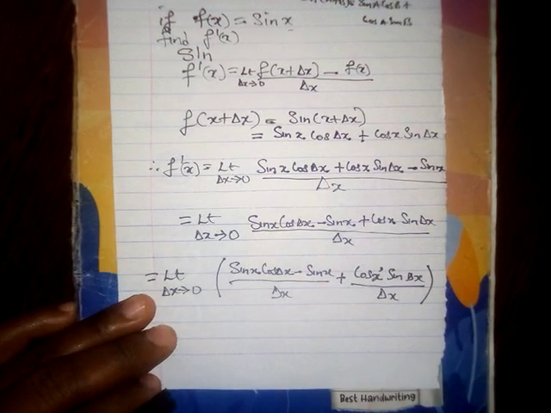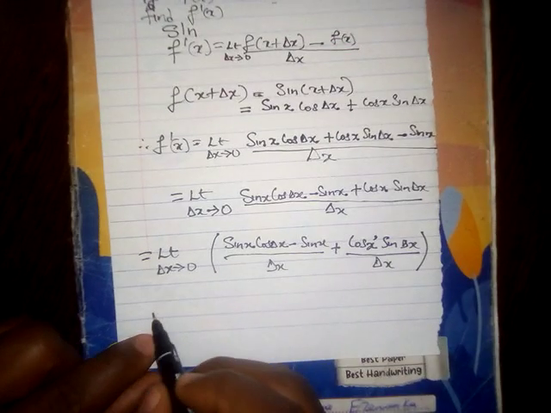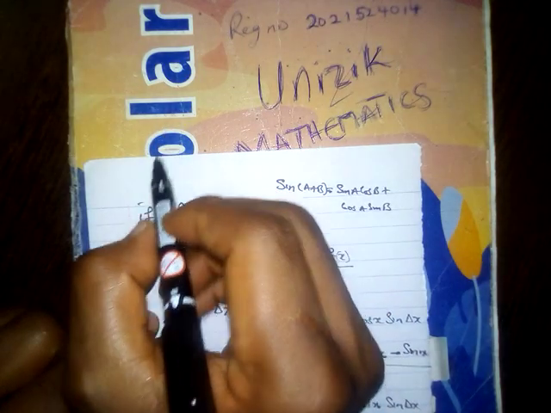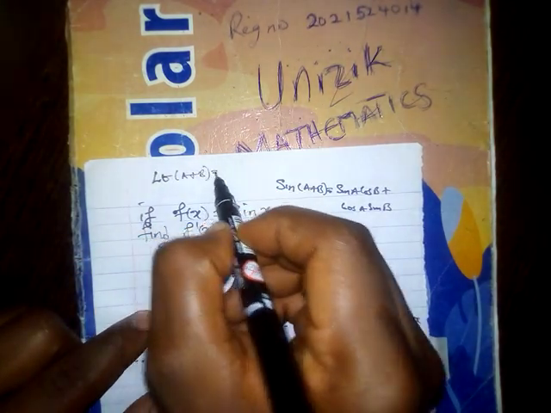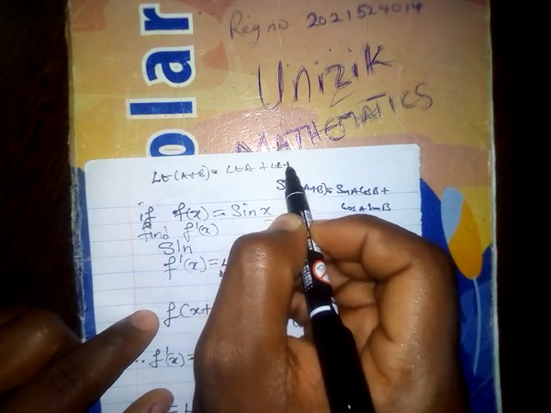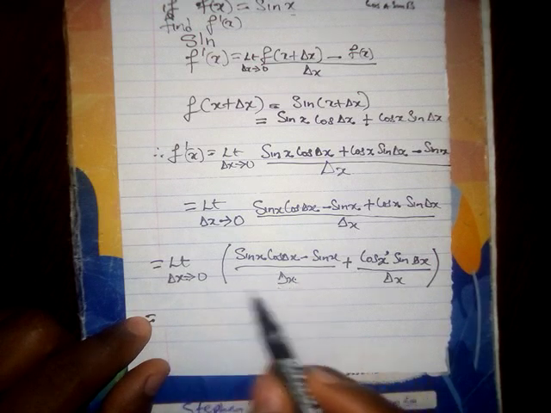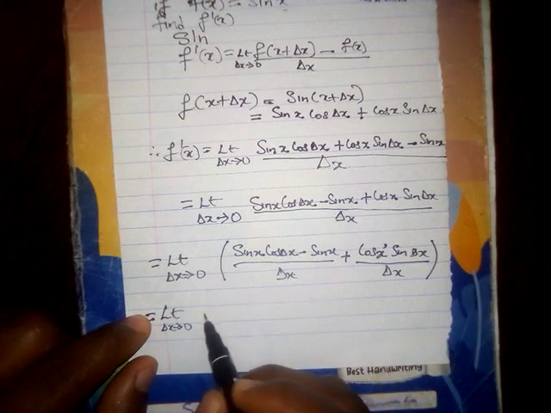Now we are not yet done. Remember, the limit of a plus b is the same thing as the limit of a plus the limit of b. So we distribute these limits. We have the limit as change in x approaches 0.